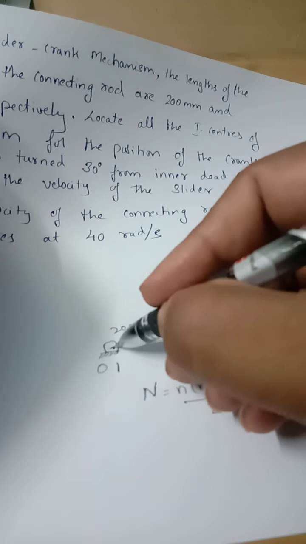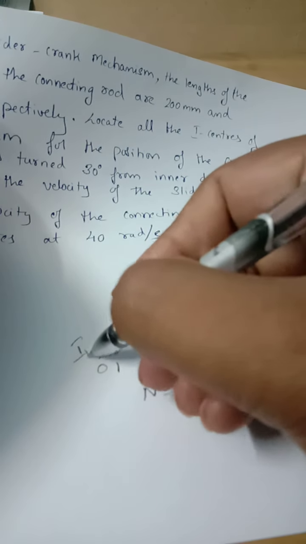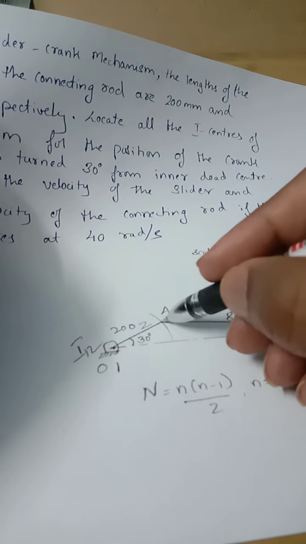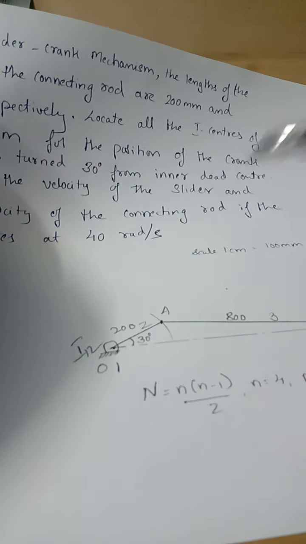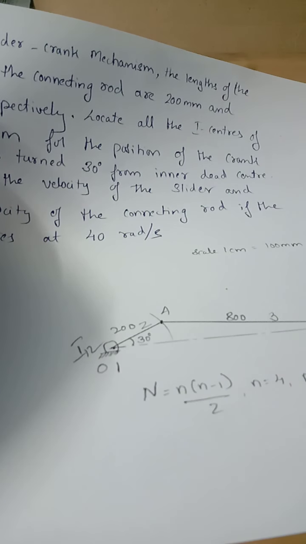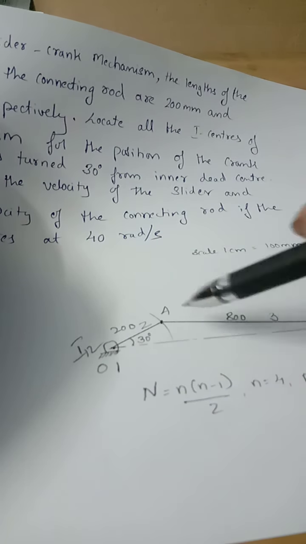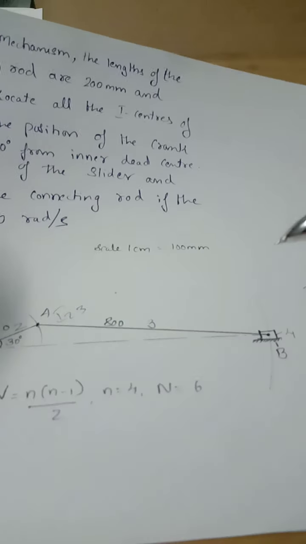So this is the center of rotation, that is I12. This is also called a fixed instantaneous center, and this one is between 2 and 3. If you take between 2 and 3, I23, so this is I23.